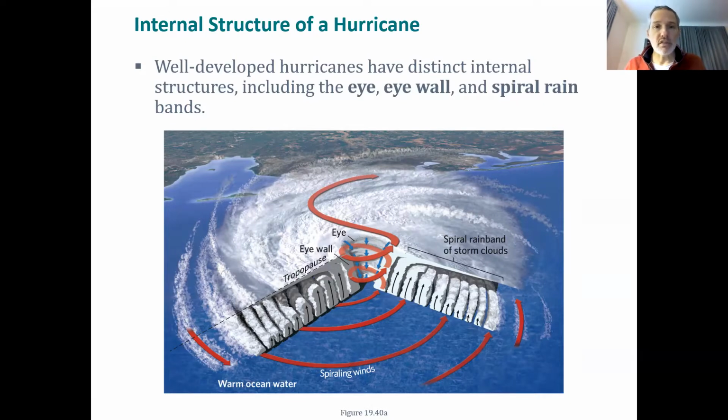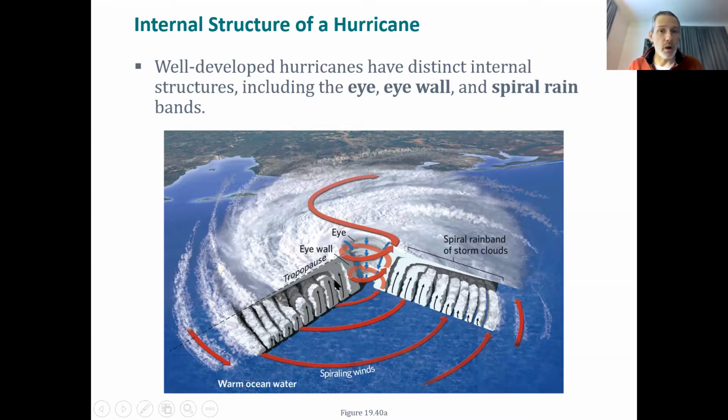When we start looking at these large areas of hurricanes, these are driven from the latent heat of the ocean. So if we had really warm water in the ocean, what's going to happen is that warm water and air moving over the ocean is going to cause that latent heat to cause evaporation.